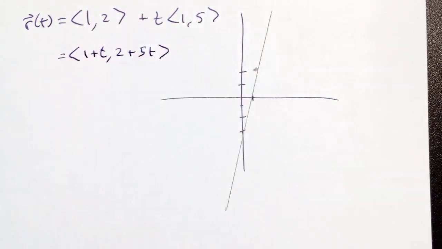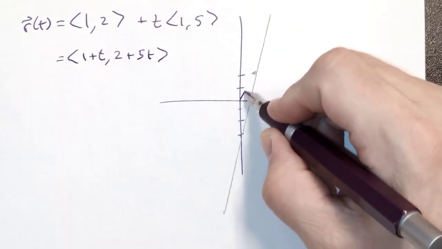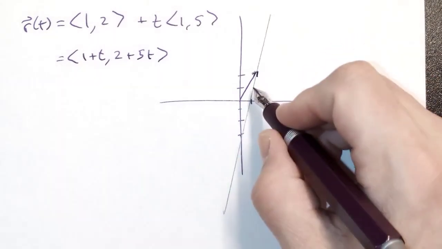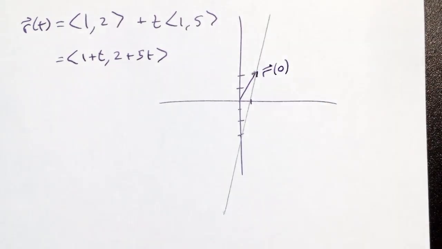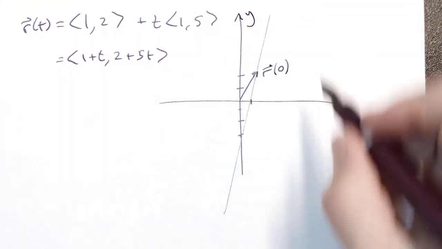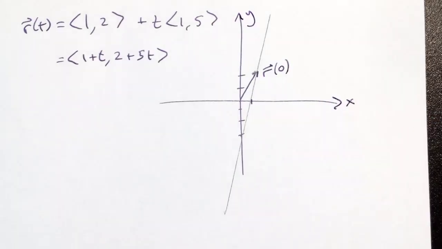And if I pick t equals 0, I should hit that dot. So r of 0 actually goes like that. It goes from the origin to a point on the curve.